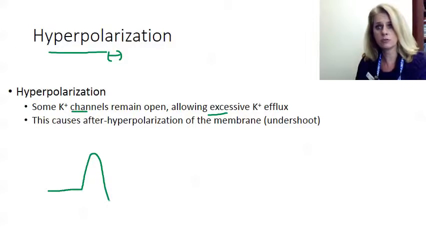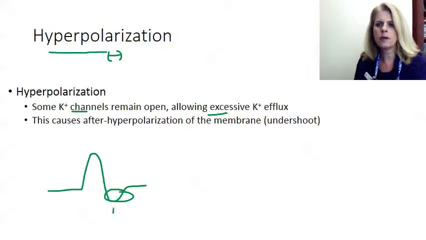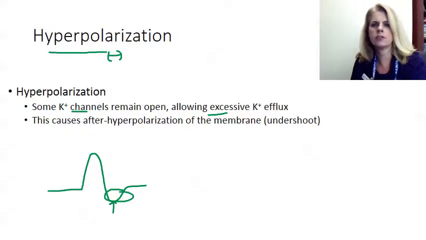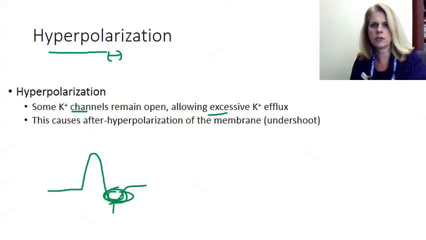It undershoots and then it'll come back up. So this would be the hyperpolarization. It's also called the refractory period because at this point you can't cause the cell to generate another action potential. It kind of stops it and gives the cell just kind of a little micro break before you can generate another action potential. So this is the hyperpolarization due to some potassium channels staying open a little bit too long and allowing a little extra potassium to leave, and the inside of the cell becomes more negative.